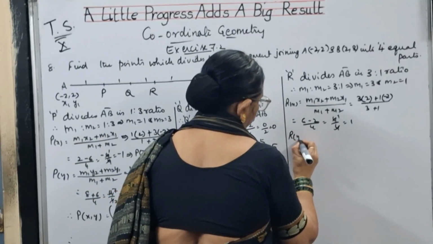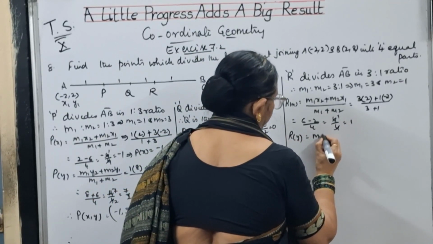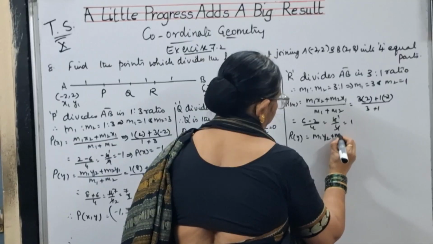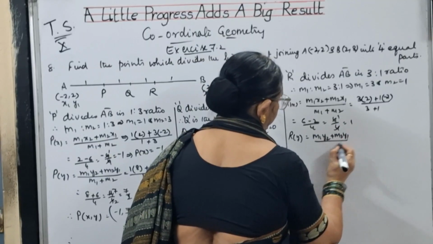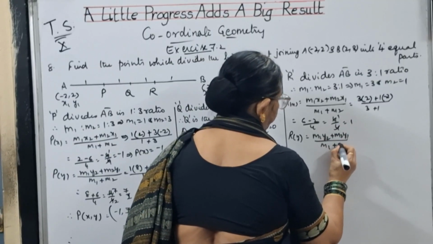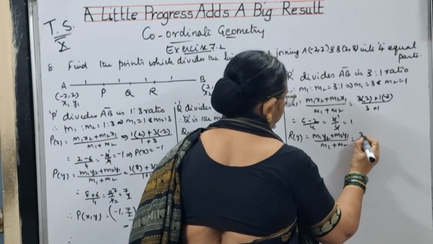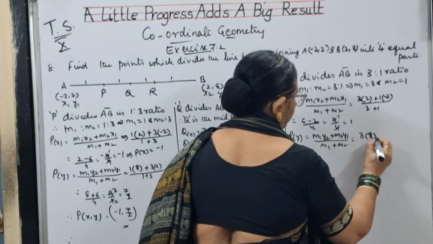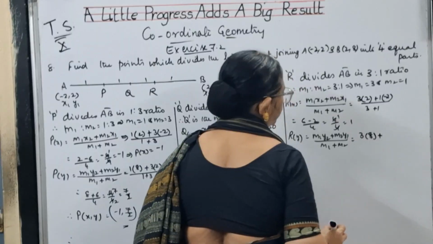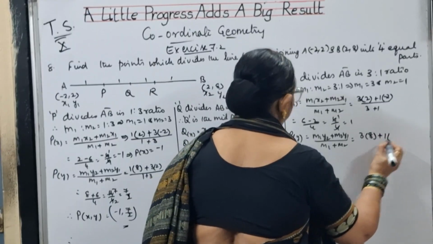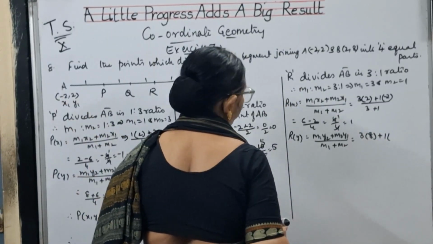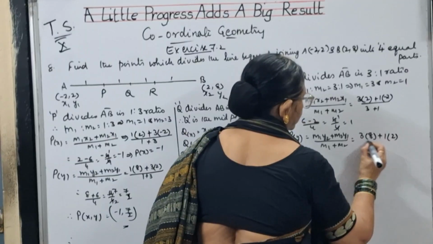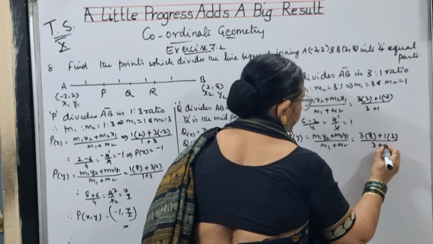Now, R of y, (m1 y2 plus m2 y1) by (m1 plus m2). m1 is 3 into y2, y2 is 8, plus m2, m2 is how much we have got? 1 into y1, that is 2, by m1 plus m2.